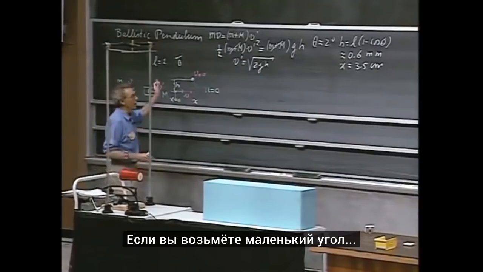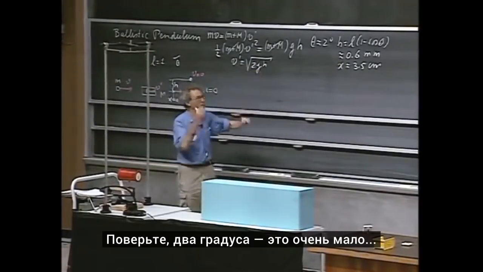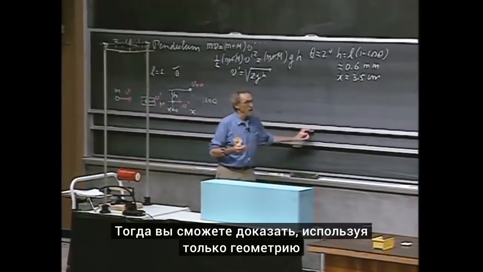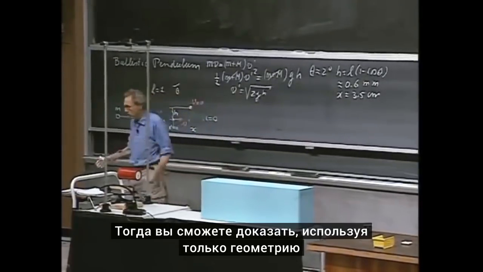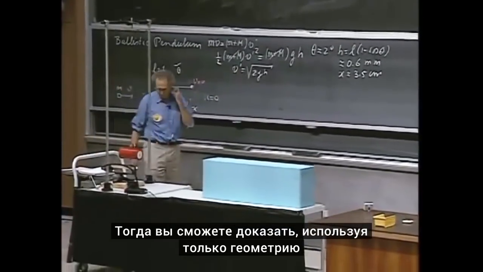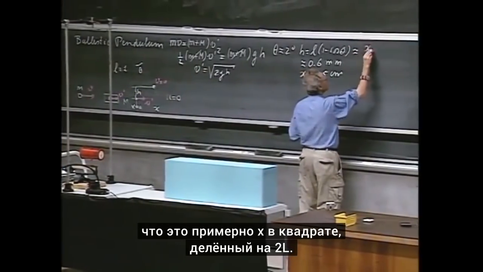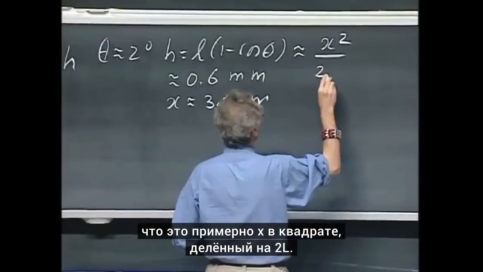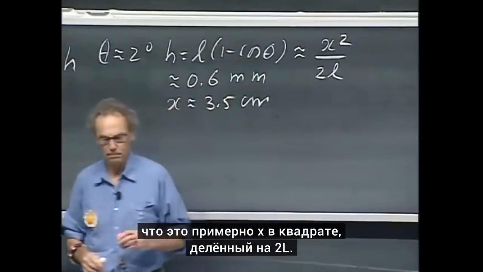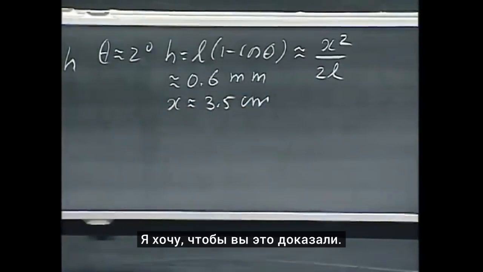If you use small angle approximation, and you better believe it, 2 degrees is very small, then you can prove, which is purely geometrical mathematics, and I leave you with that proof, that h is approximately x squared divided by 2L. I want you to prove that.